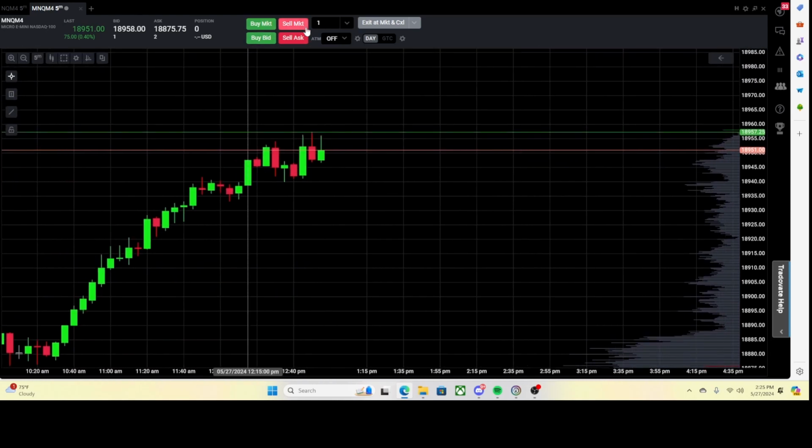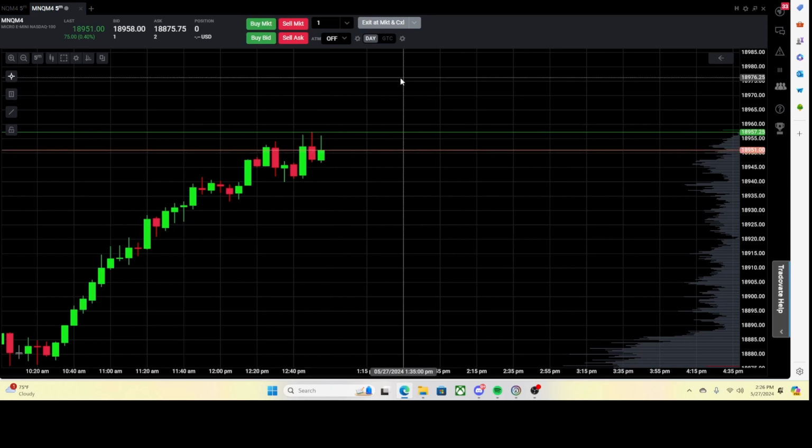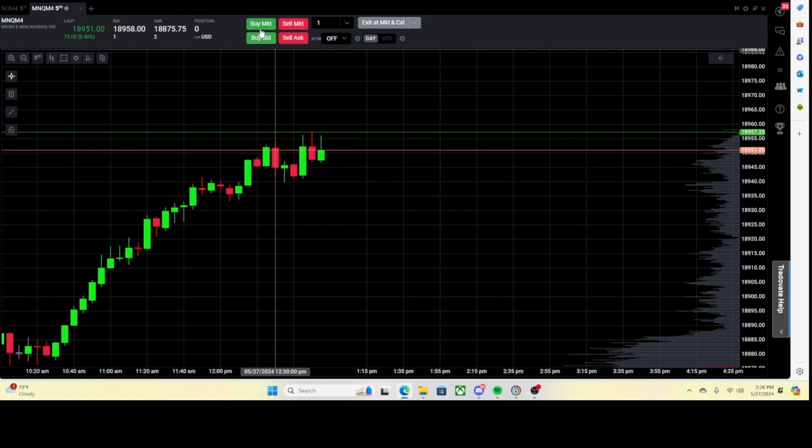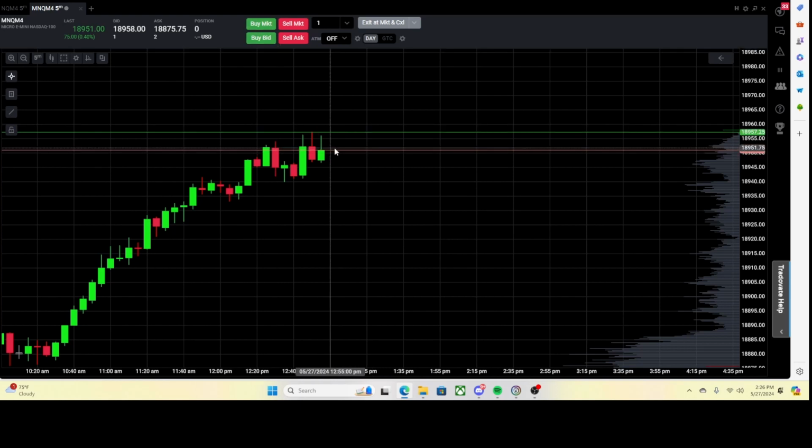So up here at the top, this is how you place your orders. You can buy bid or buy market. What's the difference? If this is the current price, buying the bid would be one tick below it. So you hope it moves down one more and then shoots up. Or you can buy market, which would be the current price.